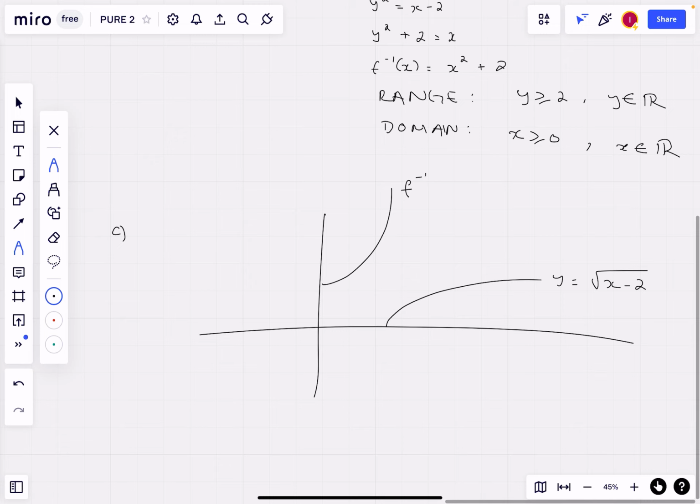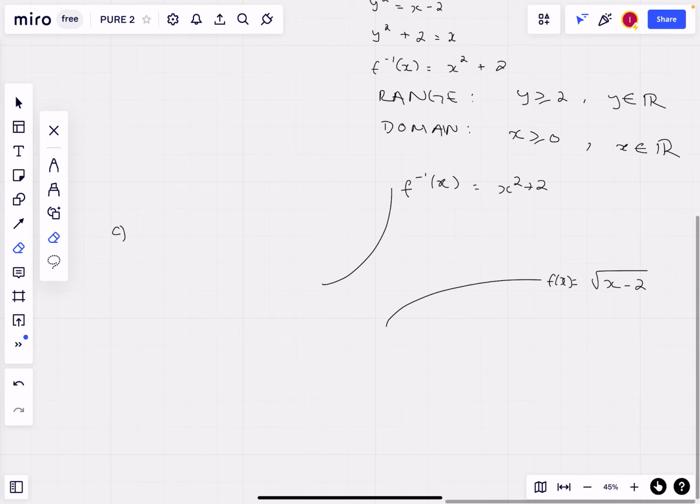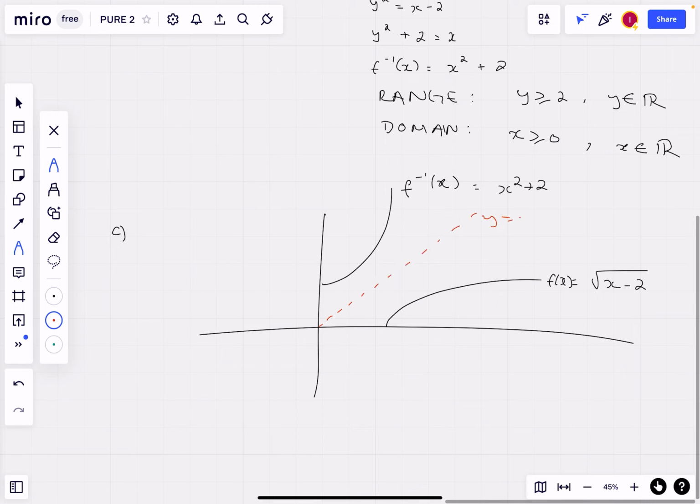So f minus 1 of x, x squared plus 2, and this is equal to f(x). y equals x is this. y equals x is something like that.